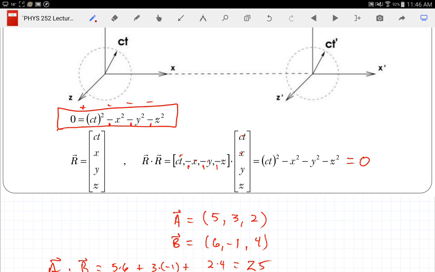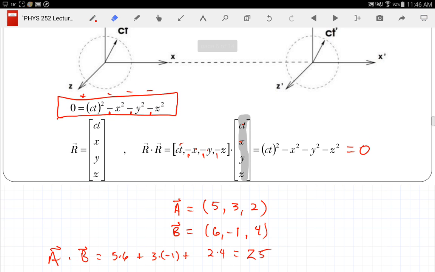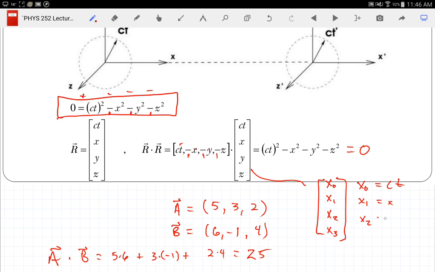Now, one last thing on this before I go forward. We will not see this again in our lecture, but many times people take this and they say, let's call this vector here x0, x1, x2, x3, which means that x0 is CT, x1 is x, x2 is y, x3 is z. It's easier in your nomenclature to write it that way.